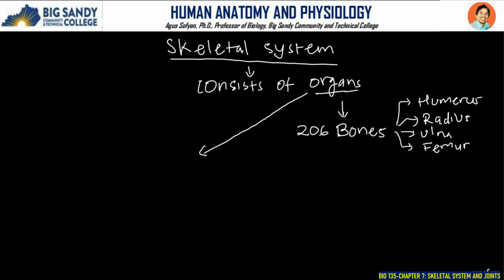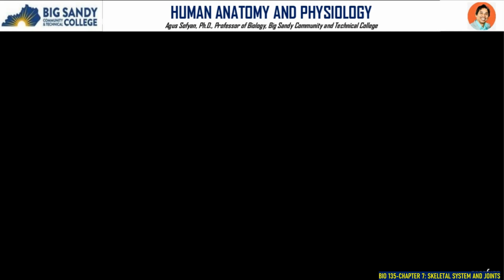bones as a tissue. Remember, organs consist of tissue. Okay, and there are 4 types of tissue in human body. Now, when we talk about bones as an organs, it has several tissue in it.